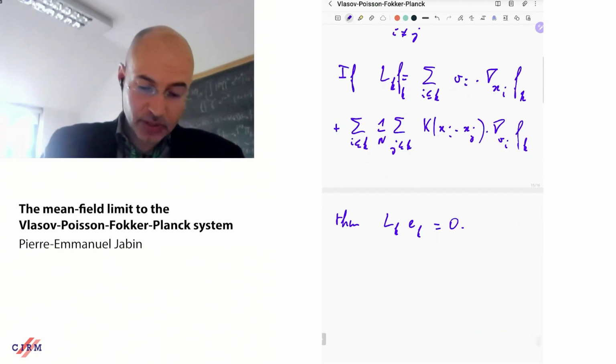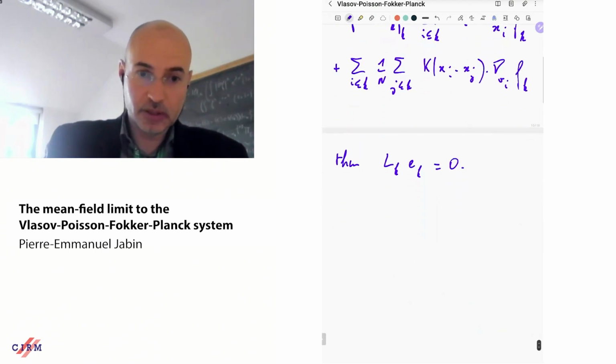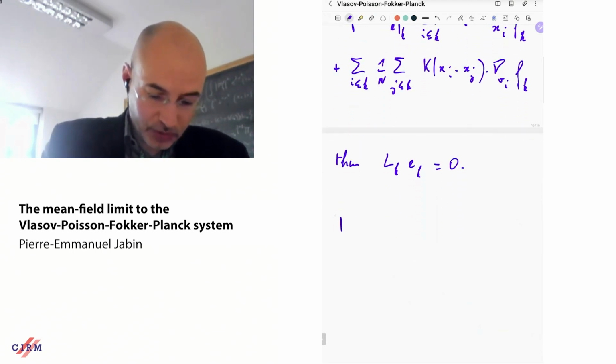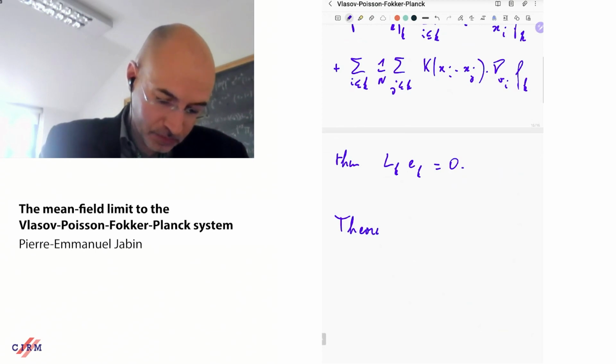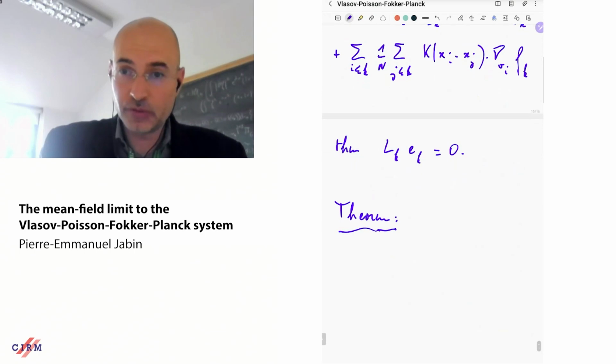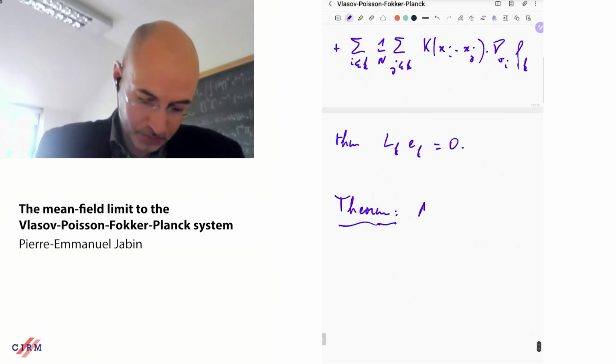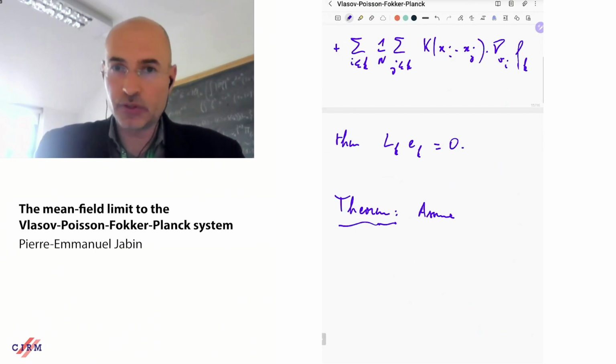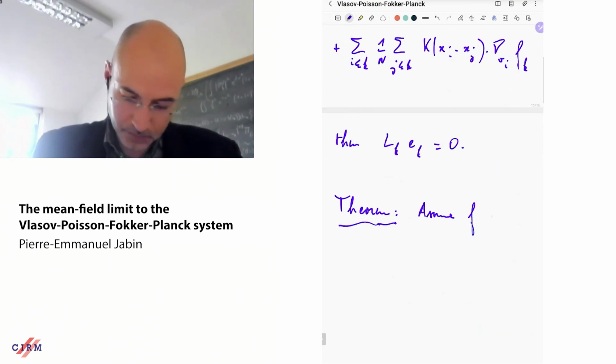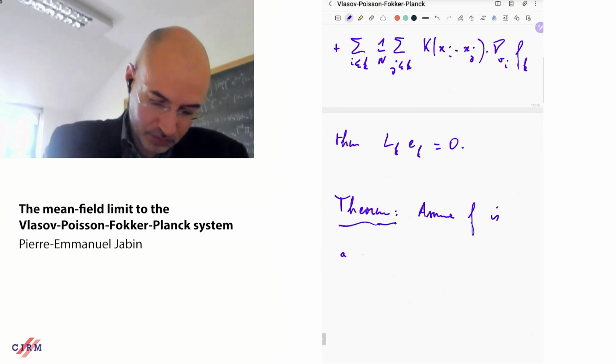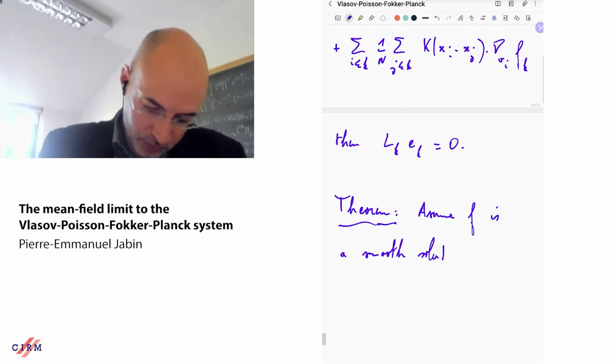And now I can have a corresponding theorem that is a lot more painful to write down than the previous one, unfortunately. So again, I'm going to assume that f is a nice solution to Vlasov-Poisson-Fokker-Planck.